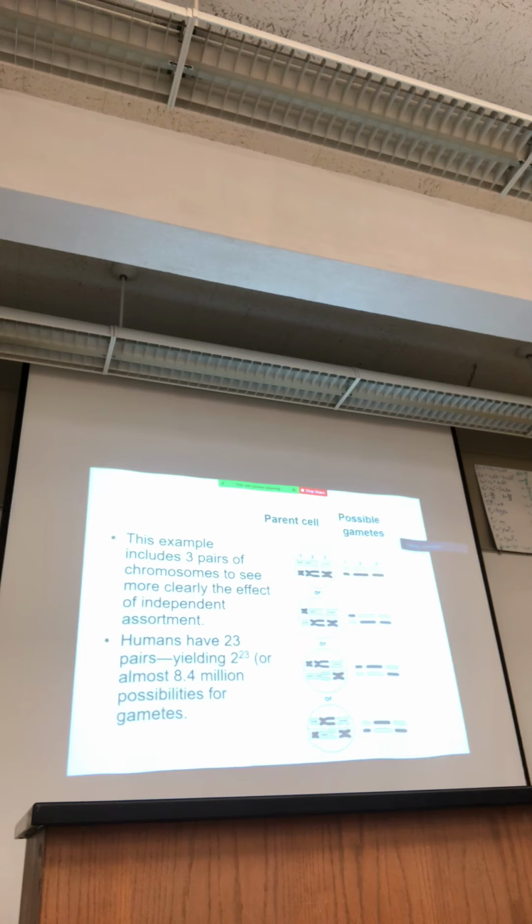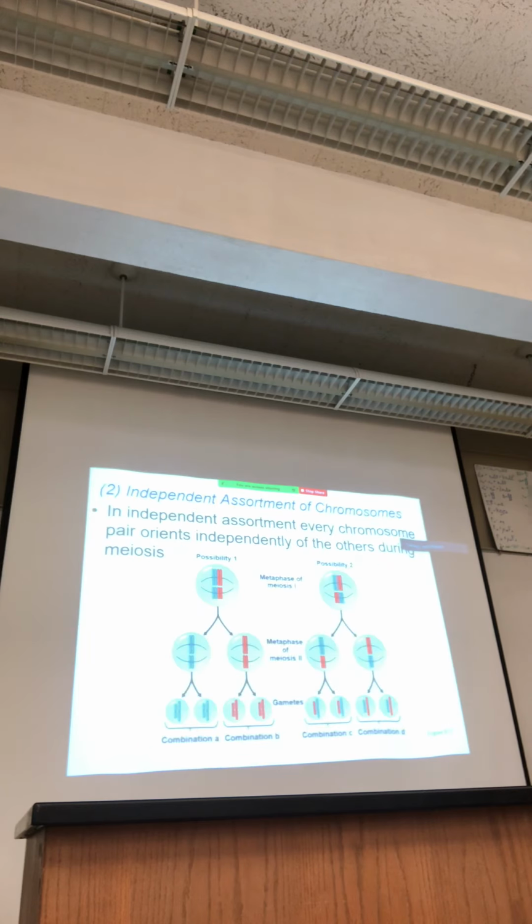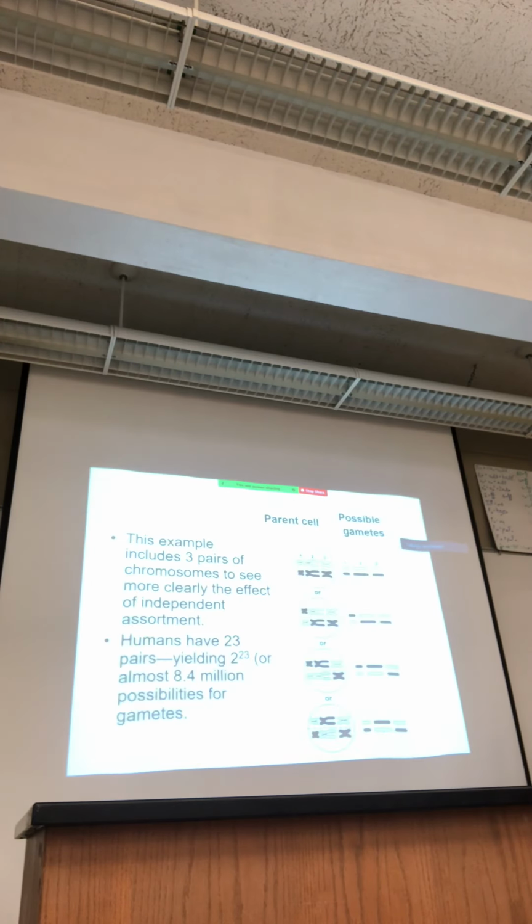So if you have 2 pairs of chromosomes, 2 squared is 4, right? So if I go back, here I get 1, 2, 3, 4 different possibilities, right? If n is 3, 2 to the 3rd power is 8. All right? 2 to the 4th power would be 16. 2 to the 5th power is 32.